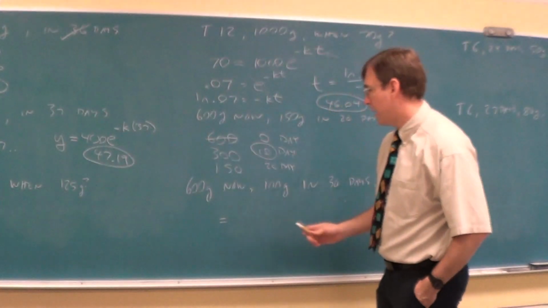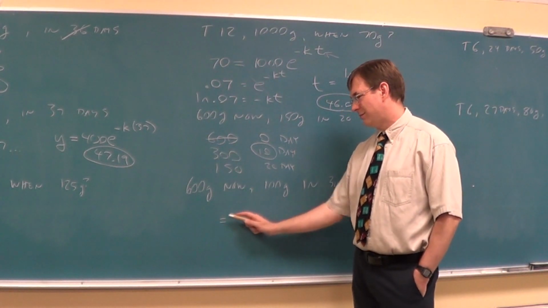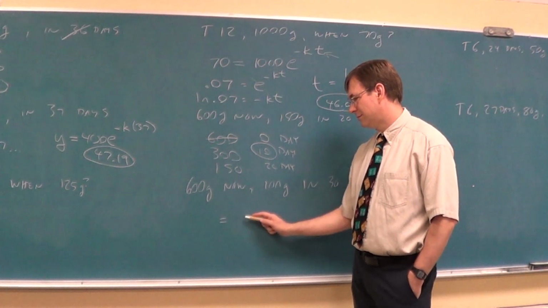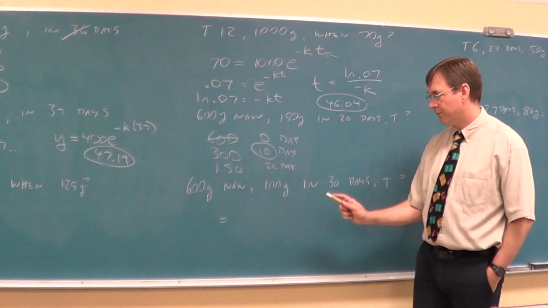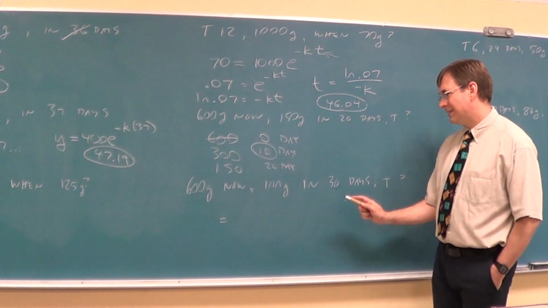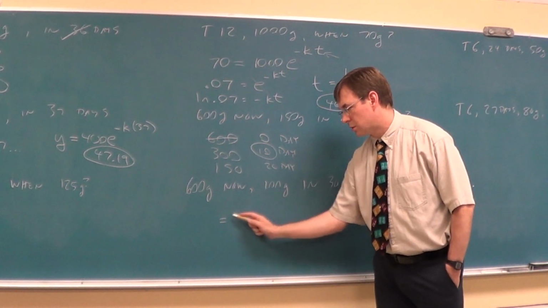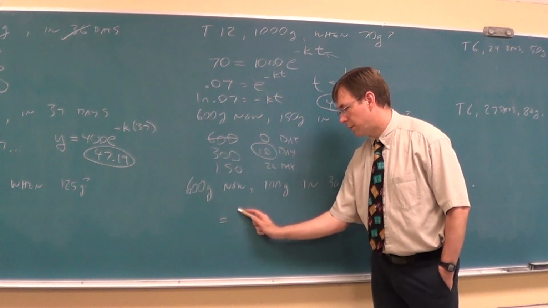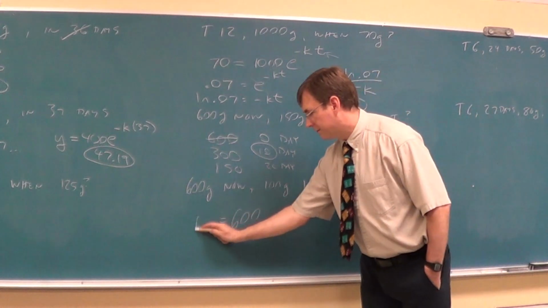So if we go to that equation, where's the 600 going to go? It's the original. 600 is the original, so that goes on the right side. So where's the 100? On the left side.